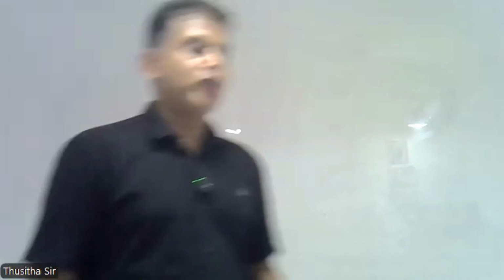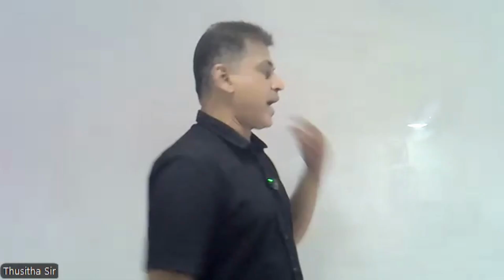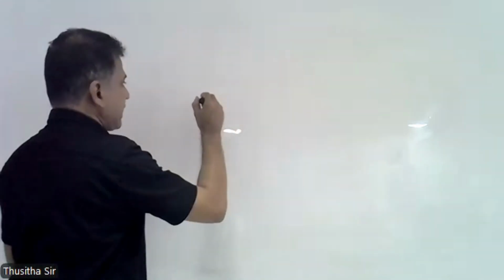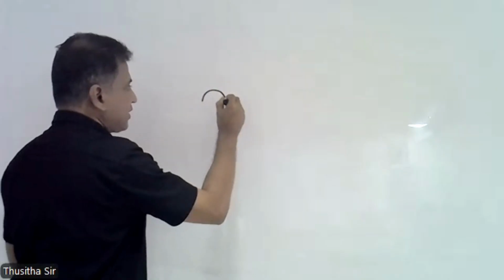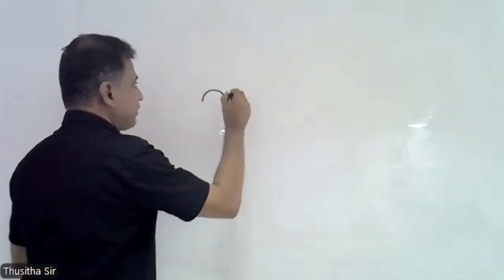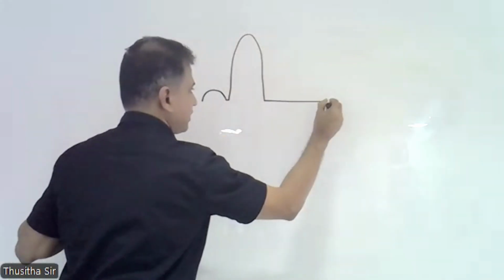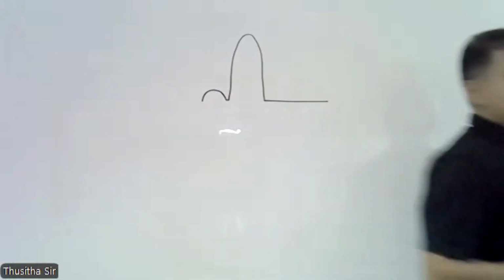Okay, so first, I'm not going into too much detail for these diagrams because you have learned this at AS level. The cardiac cycle you have learned like this: atrial systole, then ventricular systole, and then diastole. That's the left ventricular pressure.